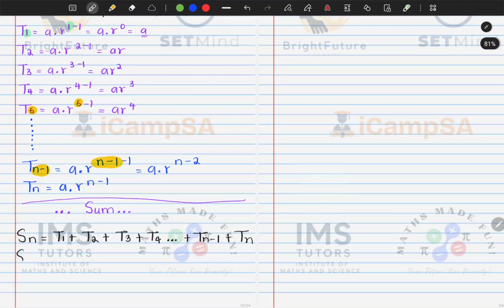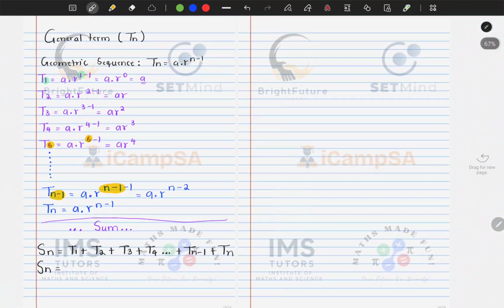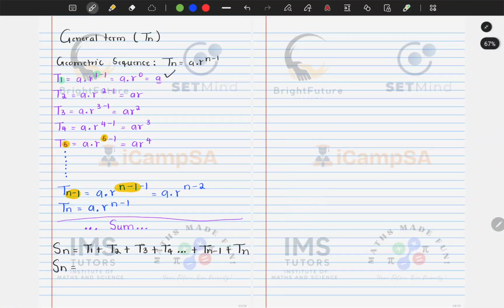Now, let's write our sum in terms of what we have above. T1, we know, is a. We'll have ar, then ar squared plus ar cubed plus, and so on, up until we get to ar to the power of n minus 2.